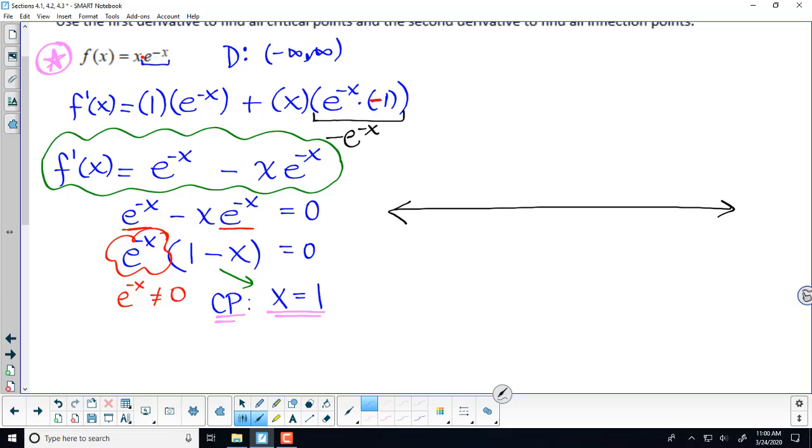All right, so let's see if that x equals 1, is that a local max or min? So I can use the first derivative test, or I could use the second derivative test. I haven't found the second derivative, but I will. But let's use the first derivative test to see if it's a local max or min. Okay.